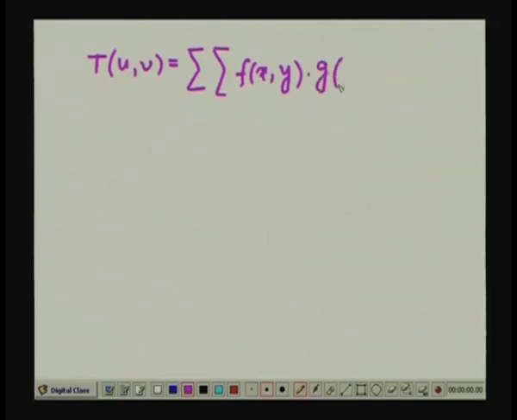As we said, the discrete Fourier transformation is actually a special case of a class of transformations. Let us see what that class of transformation is. If we define a transformation of this form, say T(u,v) is equal to double summation f(x,y), where f(x,y) is the two-dimensional signal, into g(x,y,u,v), where both x and y vary from 0 to capital N minus 1.